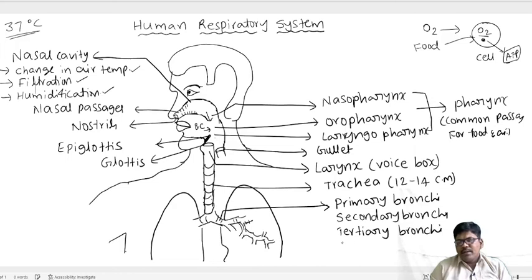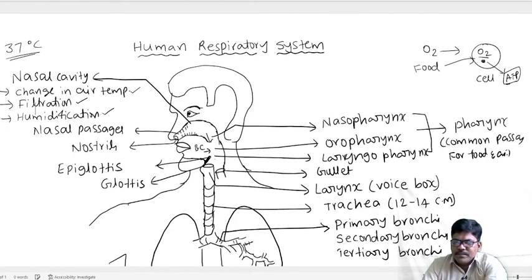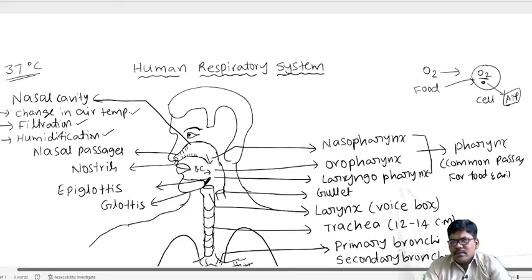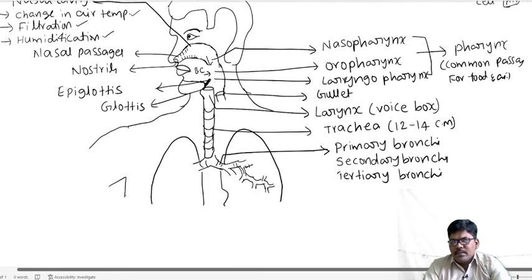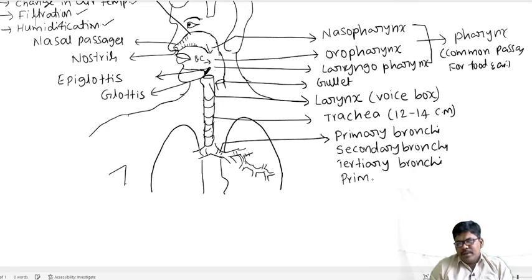Tertiary bronchi bifurcate into the primary bronchioles.